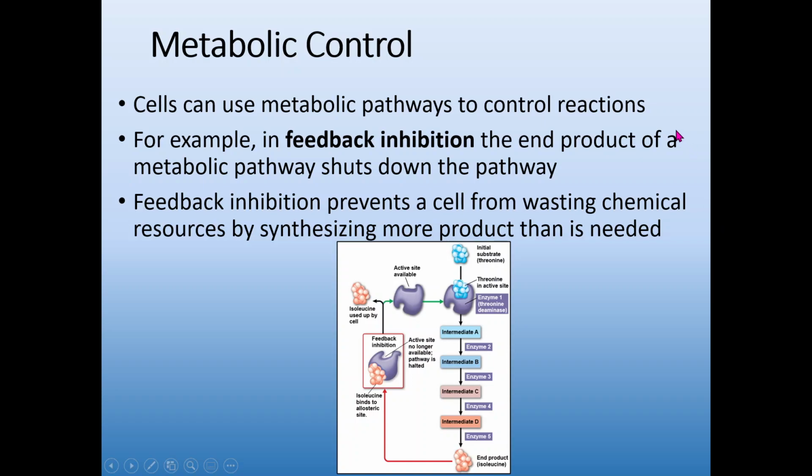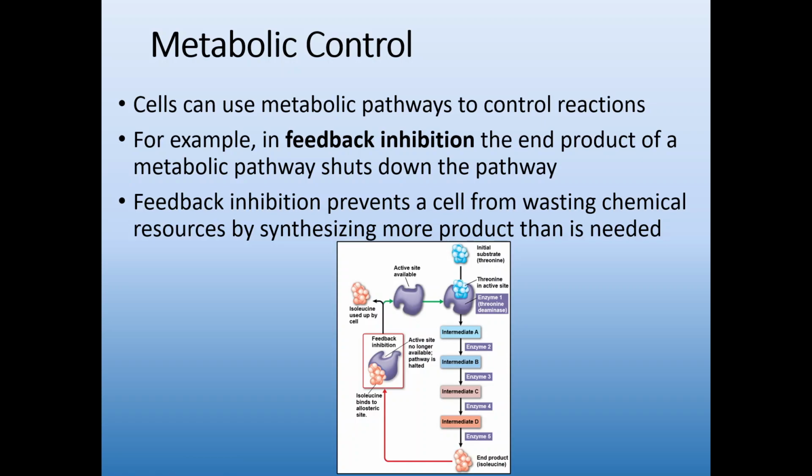Now, our metabolic pathways can actually use this inhibition factor in order to, again, monitor our outcomes. So maintain the level of particular products that we want within our system to make sure that we're not overproducing. And we call this feedback inhibition. So in this case, the end product of the metabolic pathway, so it's gone through its steps, it's created its end product.